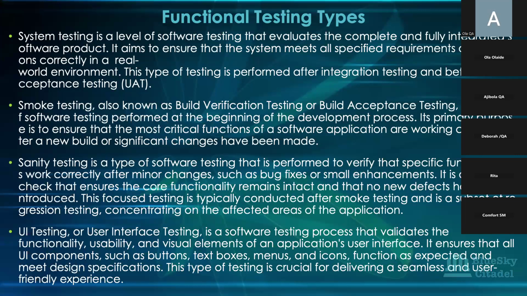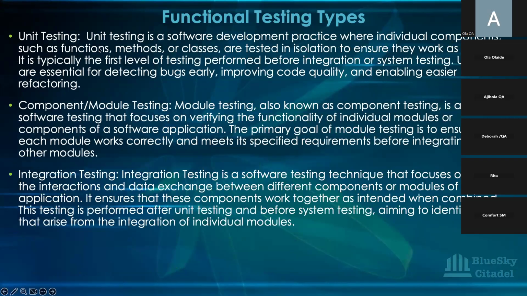It is done after integration testing and before user acceptance testing. System testing is really what we focus on in our section, because we want to ensure that it is complete. We will focus more on the integration and the unit testing.